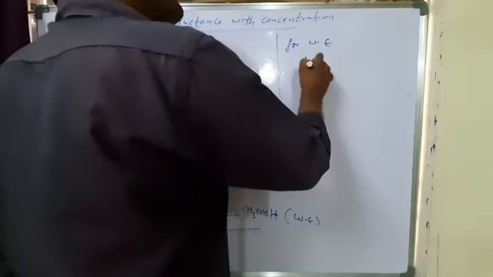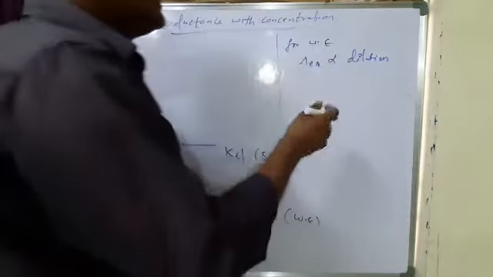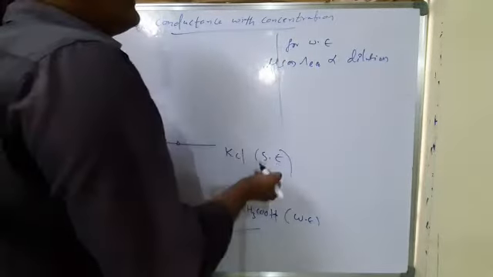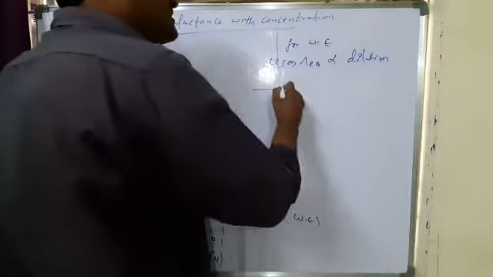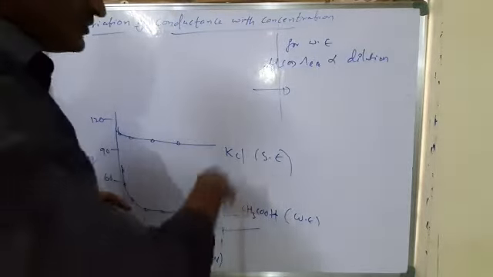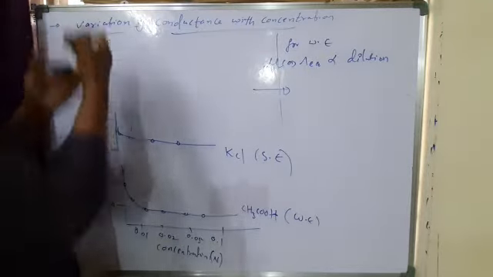For weak electrolytes, the equivalent conductance is directly proportional to dilution. Dilution increases equivalent conductance or molar conductance. Dilution increasing means concentration decreasing. So upon adding water, the weak electrolyte's conductance increases.